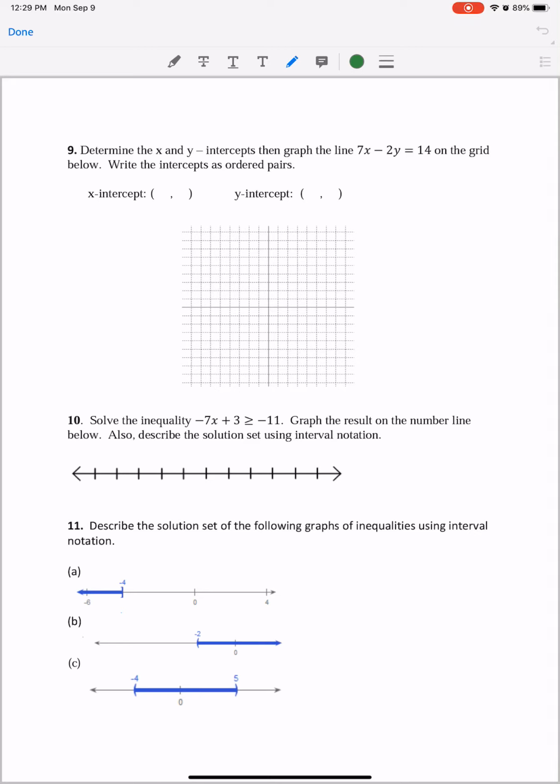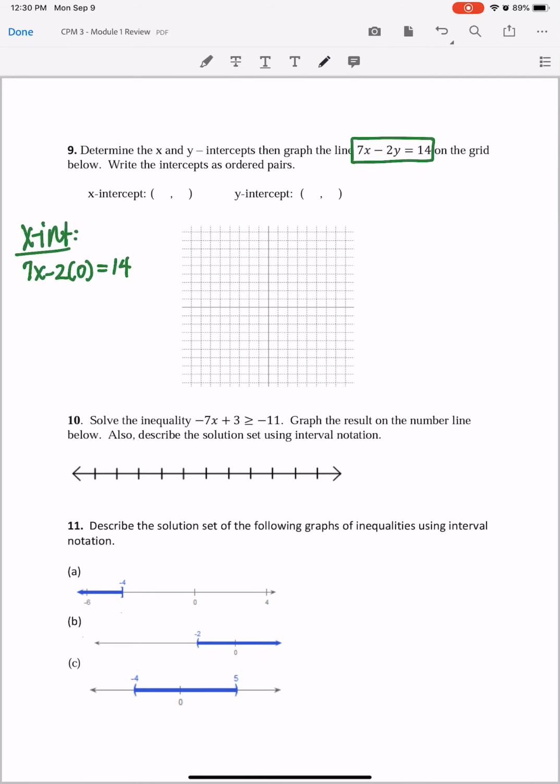So, first, to find the x-intercept, we let y be 0. So it means I have 7x minus 2 times my y, which is going to be 0, equals 14. I just plugged in 0 into this equation here and put in a 0 for y.